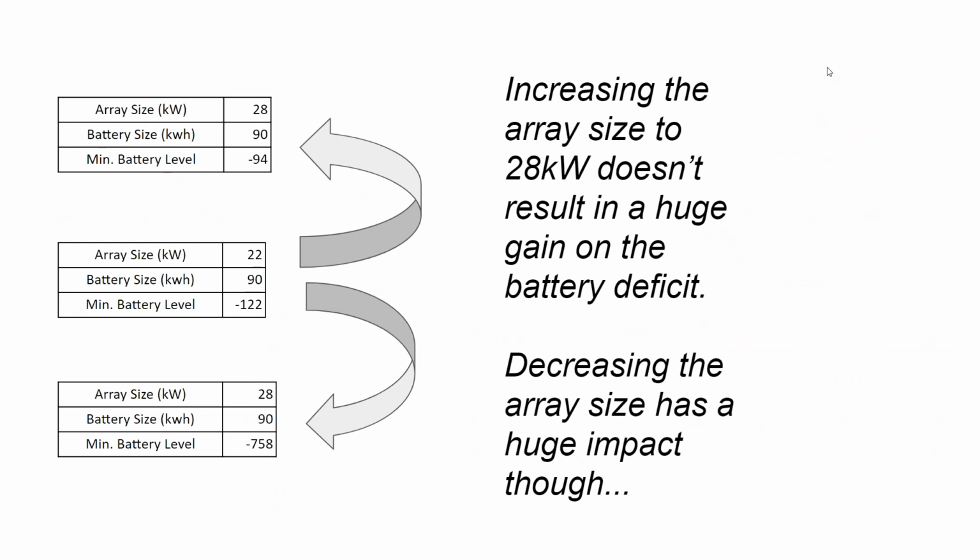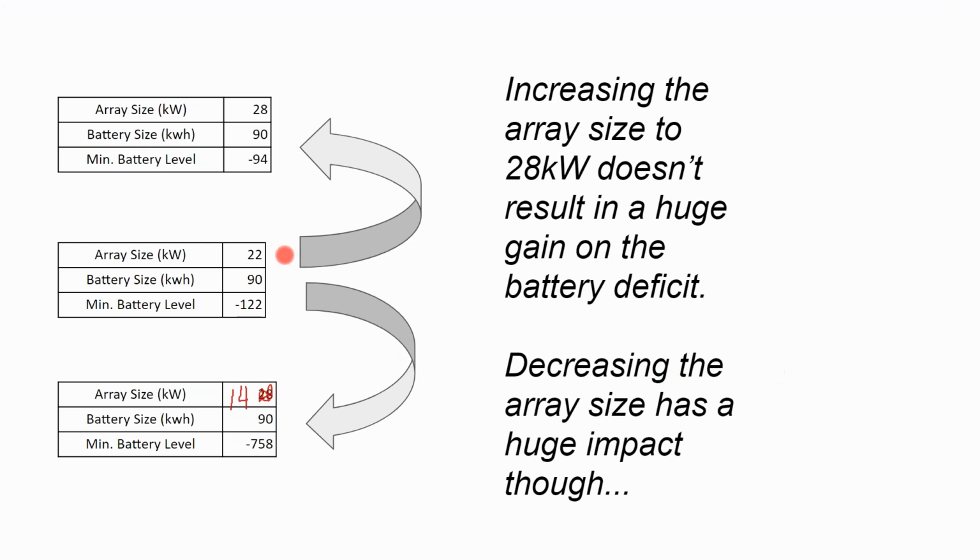And so, like in the design example in this slide, what I'm looking at is saying, okay, well, increasing the array size from 22 to 28 takes my minimum battery level up by 30, but decreasing it from 22 to, I think there's a typo here. It should be 14.